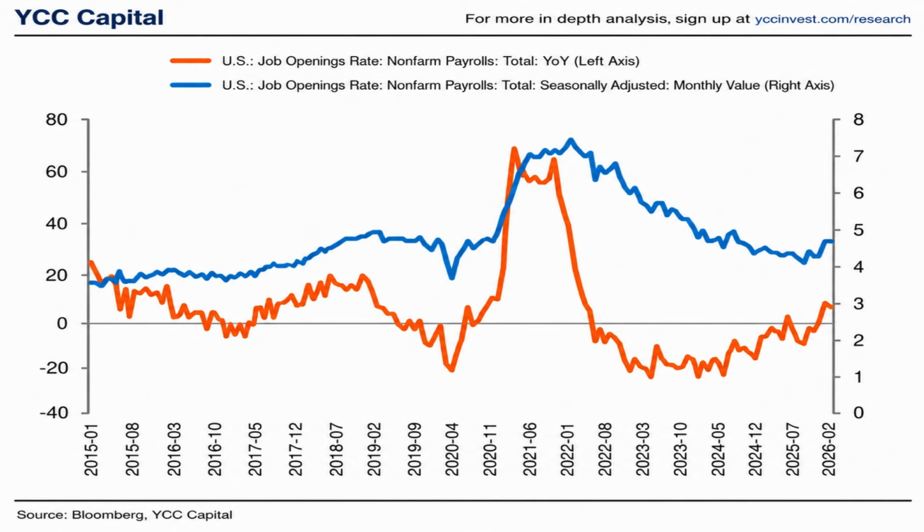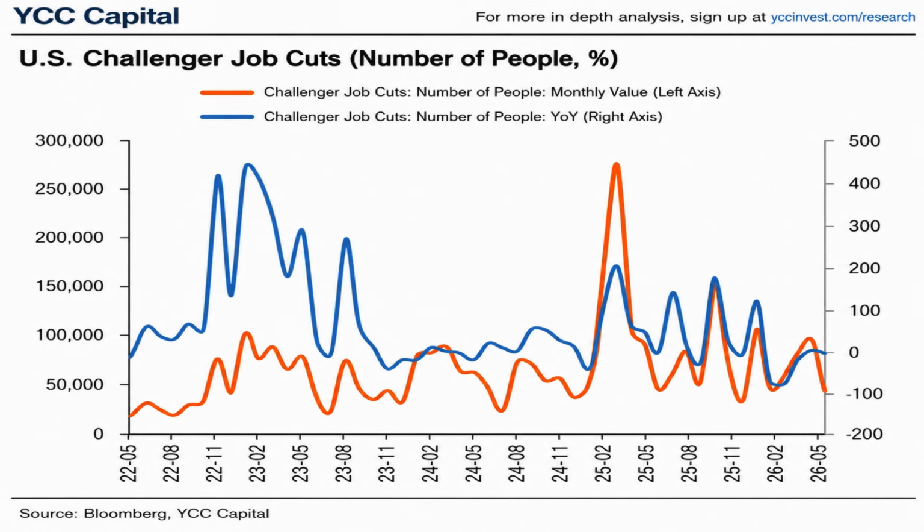Companies are no longer desperately searching for workers, but they also are not aggressively eliminating positions. For the Federal Reserve, this is exactly the type of moderation that helps reduce inflationary pressure without generating unnecessary economic damage.